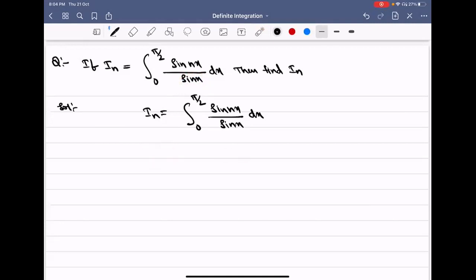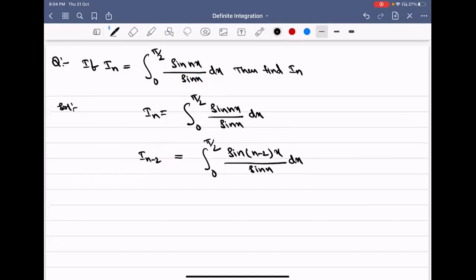Now consider I_(n-2), which is equal to the integration of 0 to pi by 2 of sin of (n minus 2)x over sin x dx.